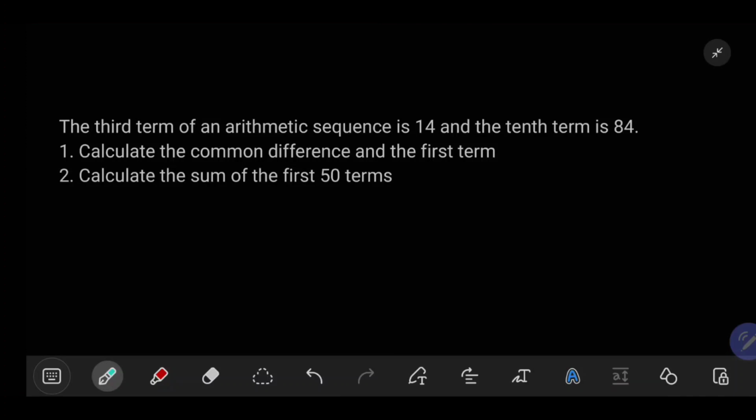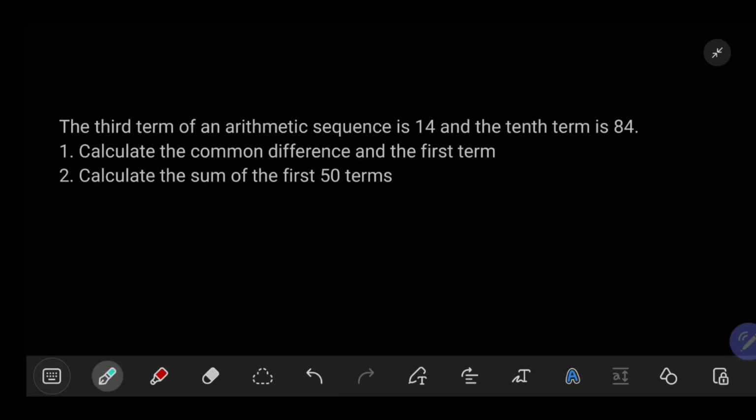So this says the third term of an arithmetic sequence is 14 and the 10th term is 84. You just hear English when you read there, when we're in the examination hall. And you say, we subtract 5, we subtract this. I'm writing out of 140. No, don't do that anymore.